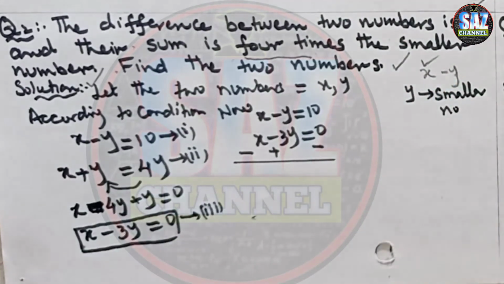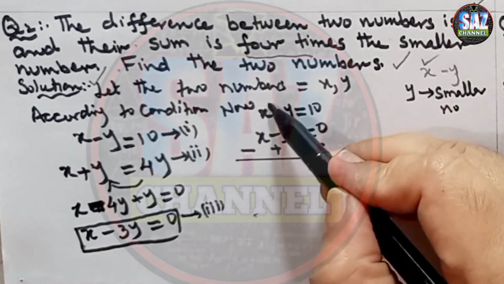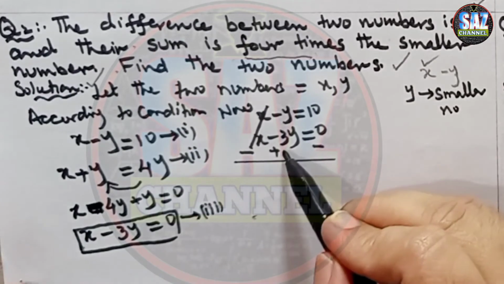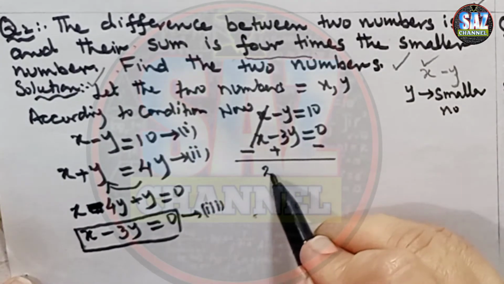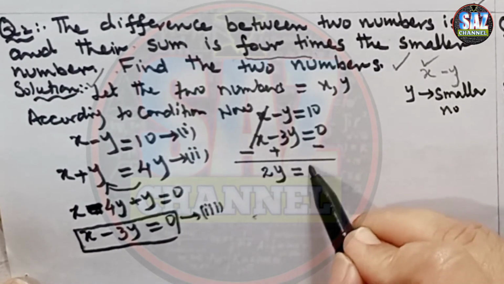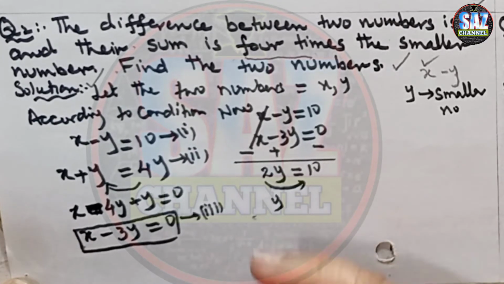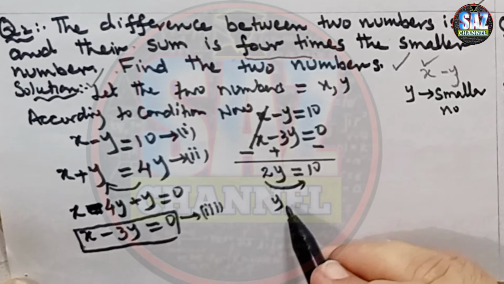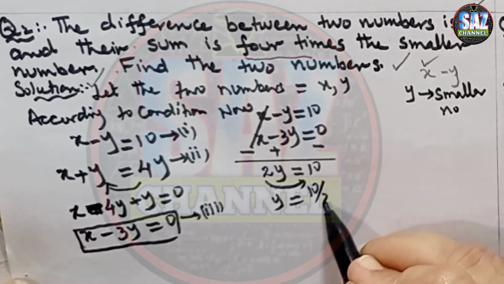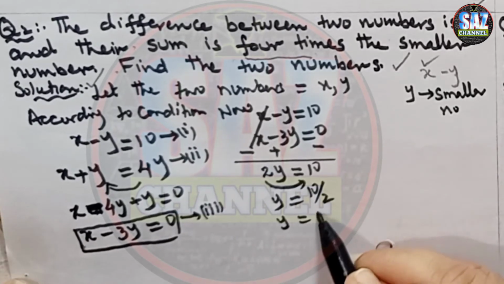Now we can see that we can cancel this x easily, and I will be left with 2y equals 10, and y will be equal to 10 divided by 2, so y will be equal to 5.